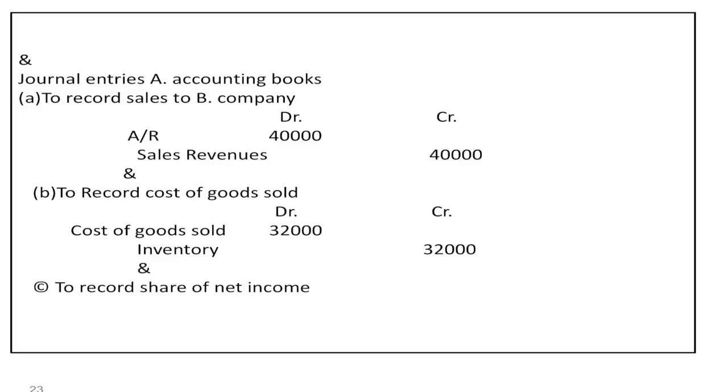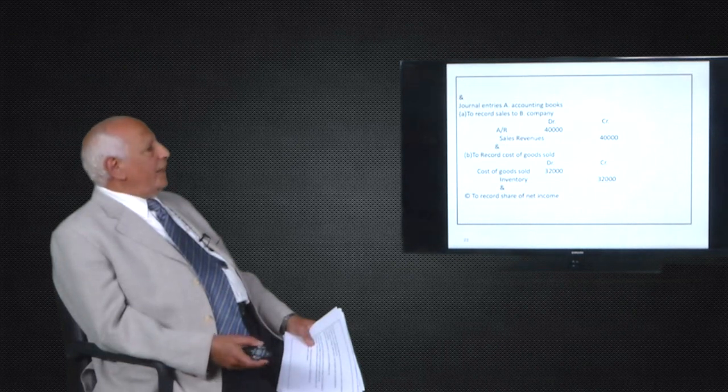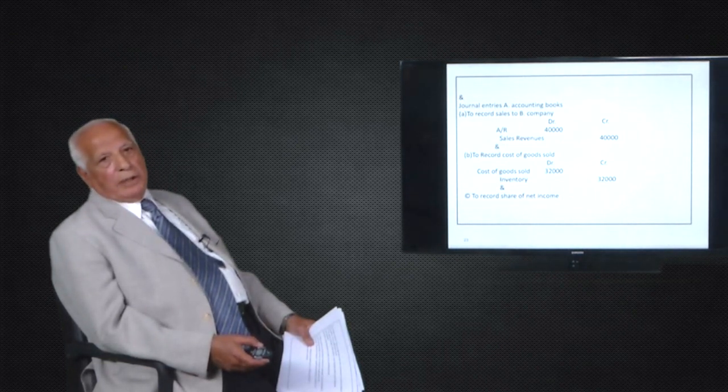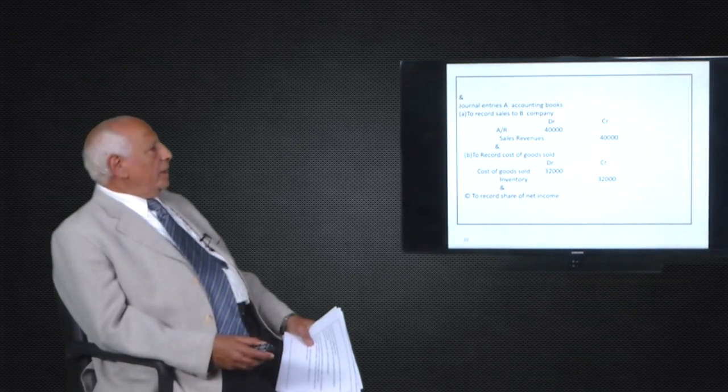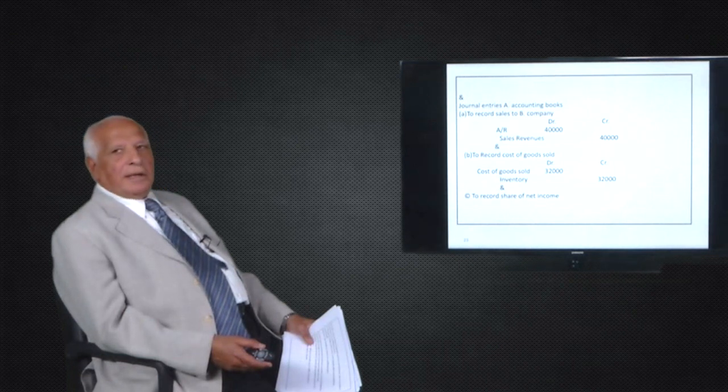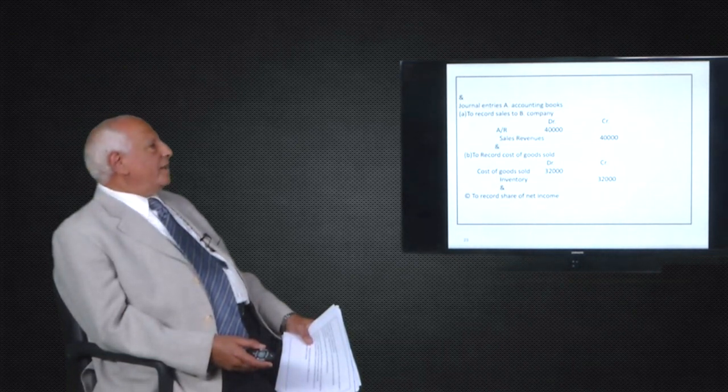Remember, A is a seller. Record the sales. Usually, under the perpetual inventory system, you have 2 entries. The first entry records the sales: accounts receivable debit, sales revenues credit. Second one, debit cost of goods sold, credit inventory 32,000.